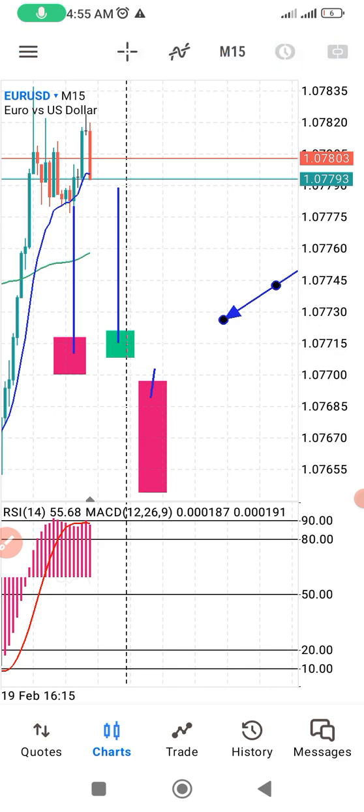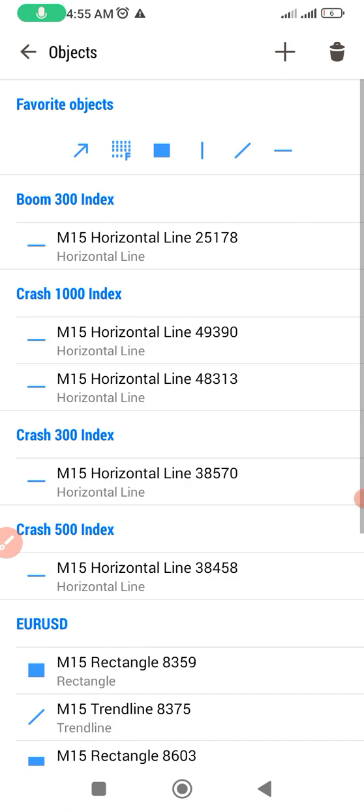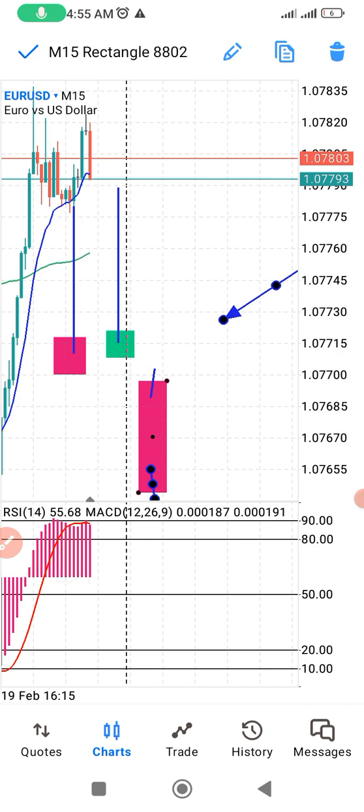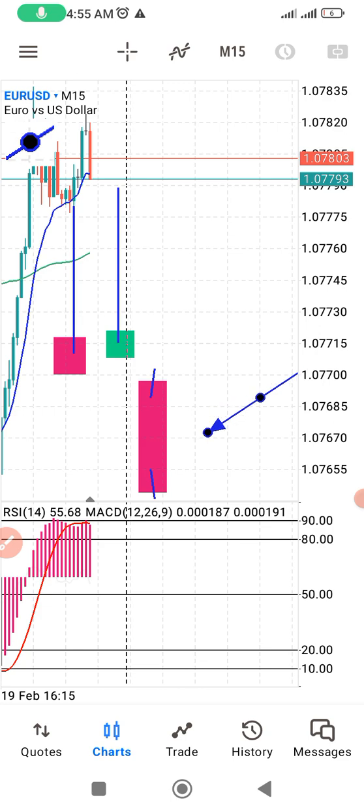So it can have a small wick, and it is possible that it has no wick at all. Great. So this is an engulfing candlestick.